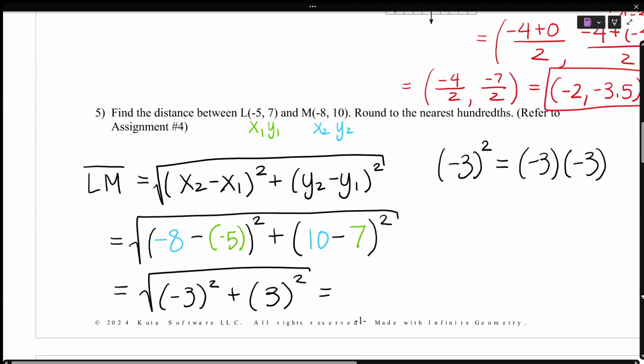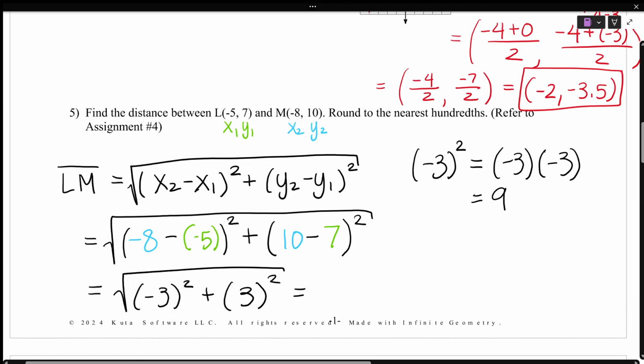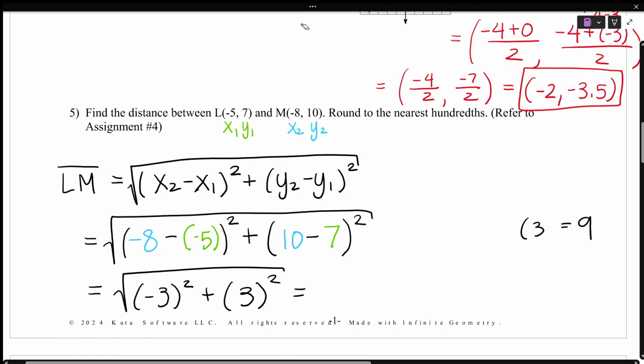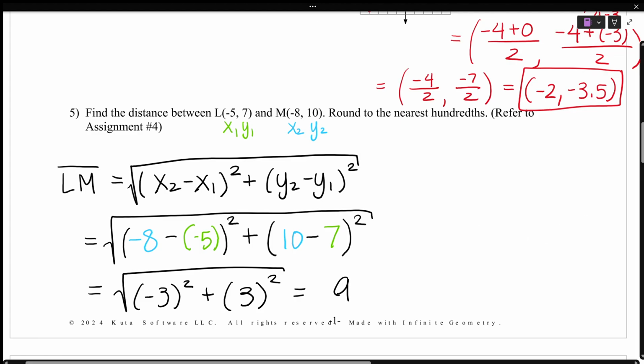That's what the exponent means. Negative 3 times negative 3 is 9, okay? So 3 squared is going to be the same thing, 3 times 3, which is 9. So do not make that same mistake. We're going to get 9 plus 9 and square root of 18.